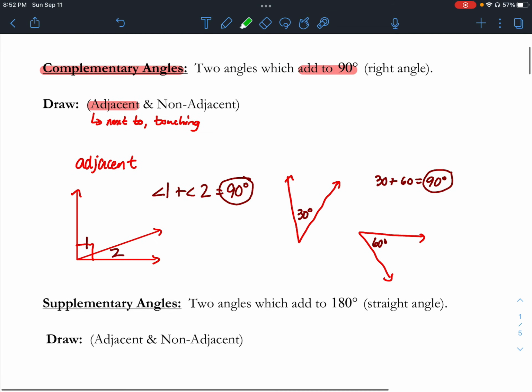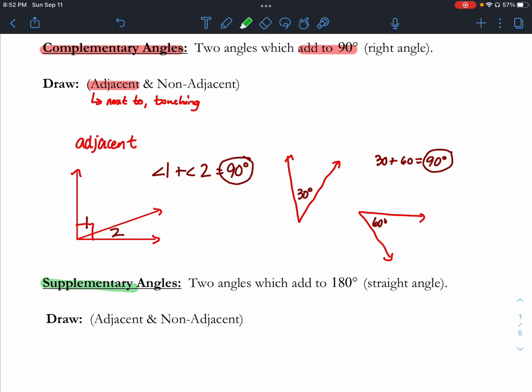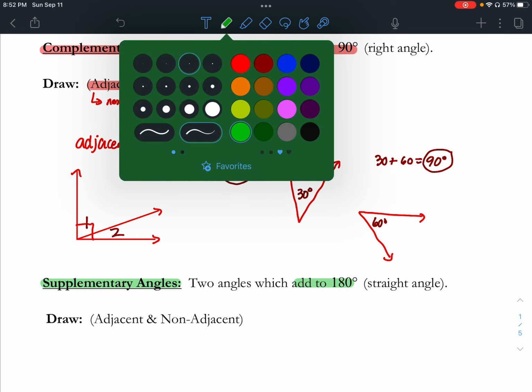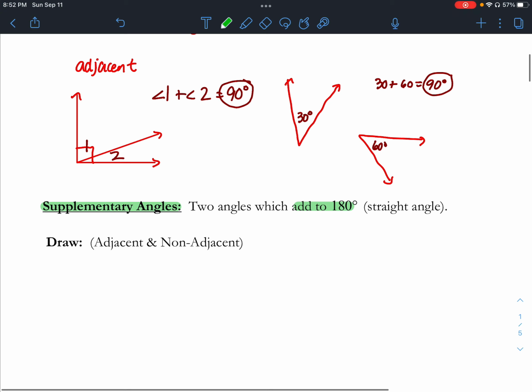Next up, though, we have something called supplementary. Supplementary angles are those that add up to 180 degrees. And again, we have these adjacent versions and these non-adjacent versions. If we're going to roll it with the adjacent, it's again two angles that tend to be next to each other. If they add up to 180 degrees, they should add up to a straight line.